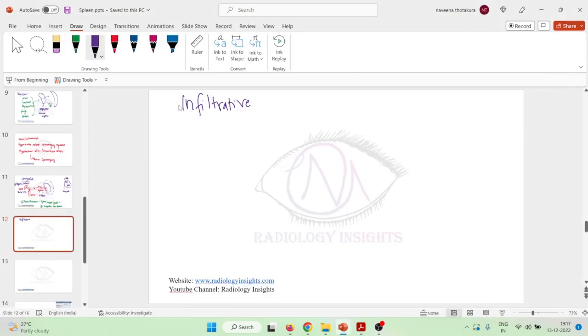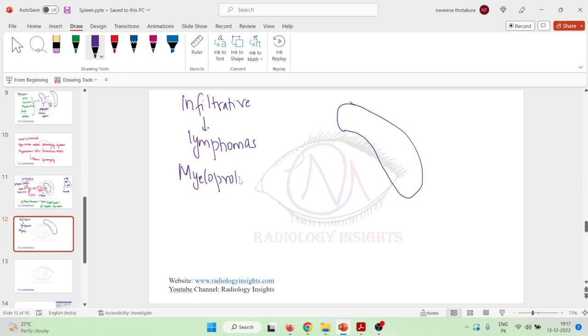Infiltrative disorders mean there is infiltration, which can be due to lymphomas or myeloproliferative neoplasms, or there can be some metastatic cancers which might invade the spleen.